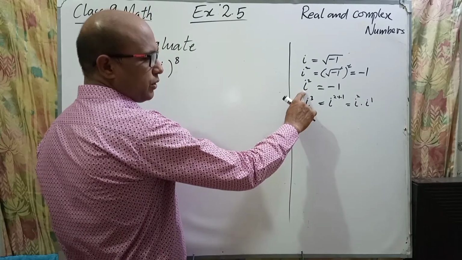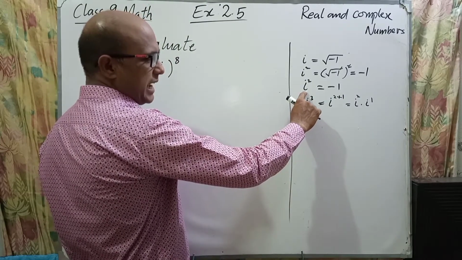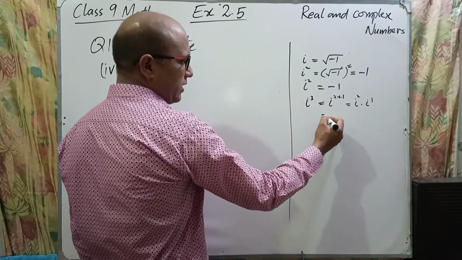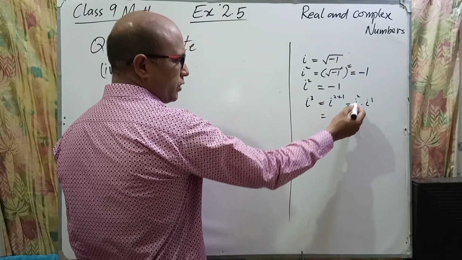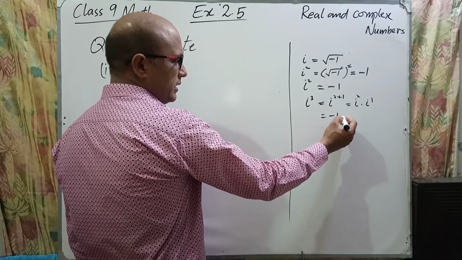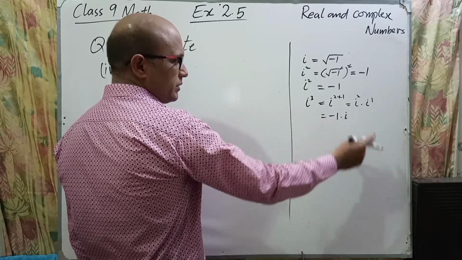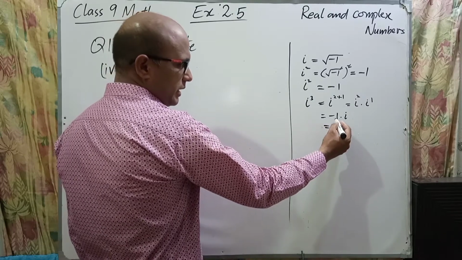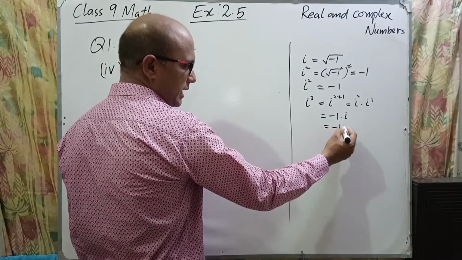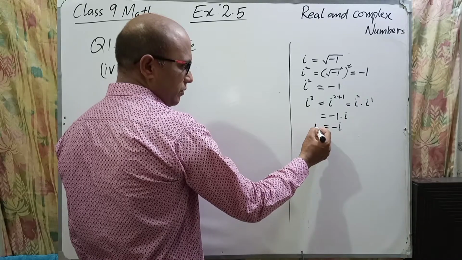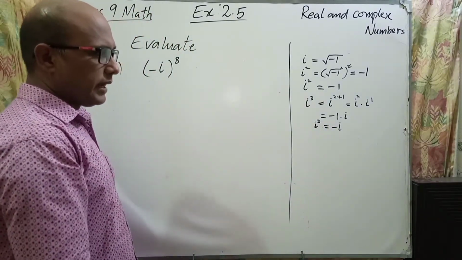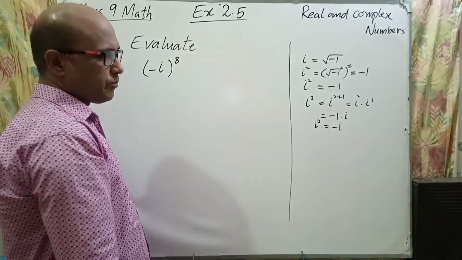And we know from the last step iota square's value is minus 1. So we can write here in place of iota square minus 1 dot iota. Iota power 1 means iota. So it will become minus iota. Value of iota cube is minus iota.